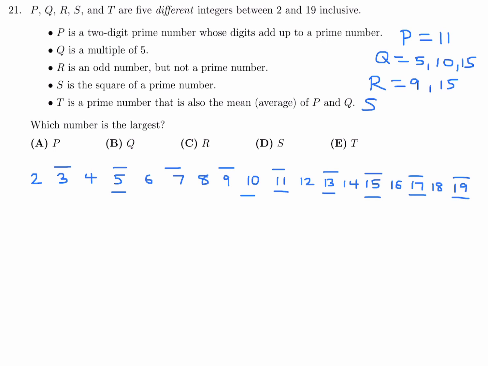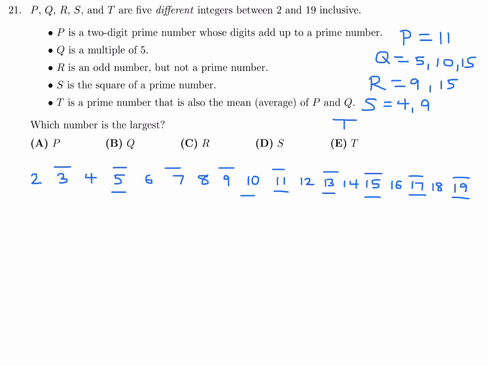Okay, let's look at number 7, S. S is the square of a prime number. All right. So squares of primes. 2 squared is 4. 3 squared is 9. And then 5 squared is 25. And 25 can't be possible since we're only going up to number 19.